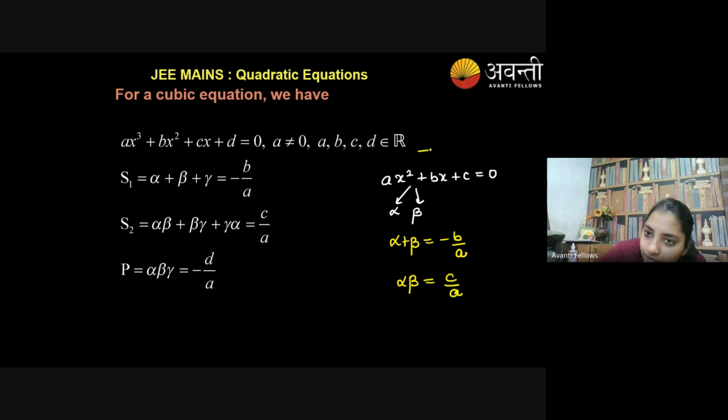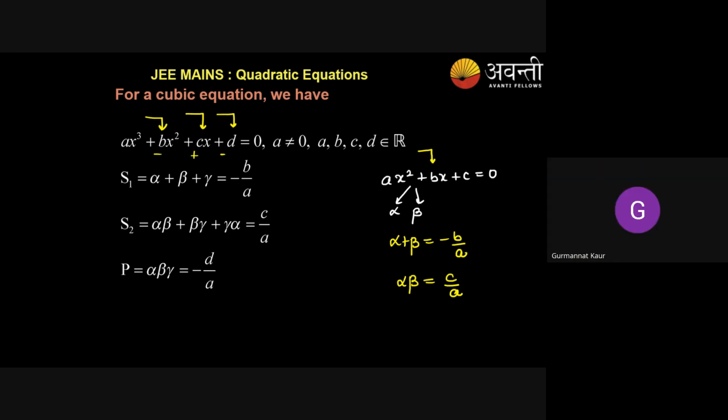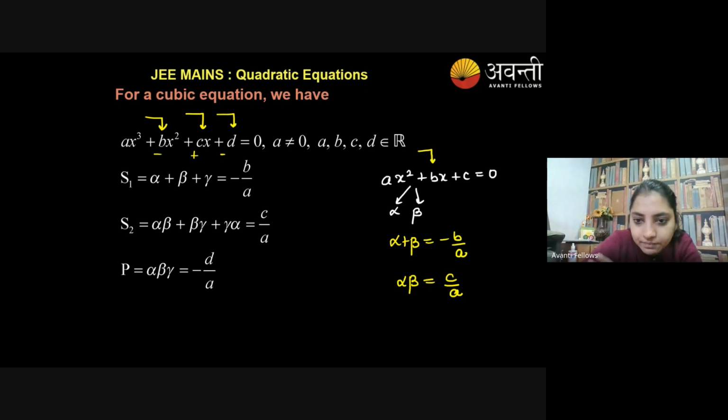Every time we start from the coefficient next to the highest degree. Now, sum of roots is again next to the higher degree, minus b upon a. Sum of product of roots is just next to this, c upon a. Then product is minus d. Just look: negative, positive, negative. Clear or not? Yes, just get the same rhythm of how to work, right?